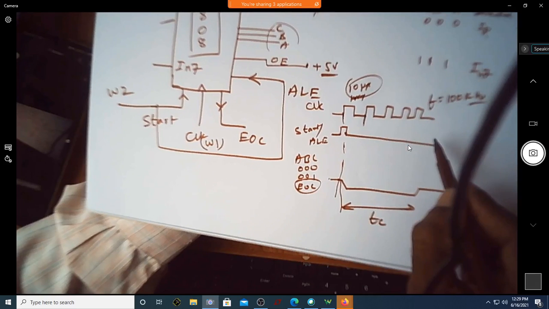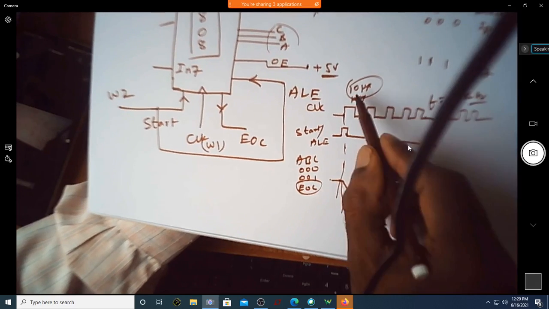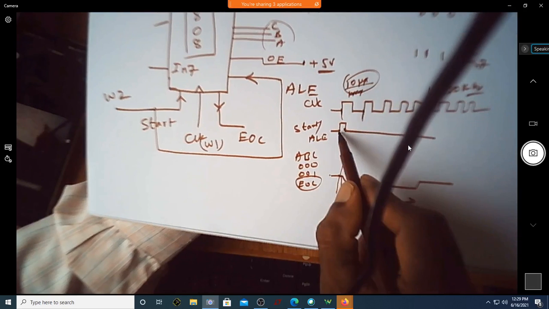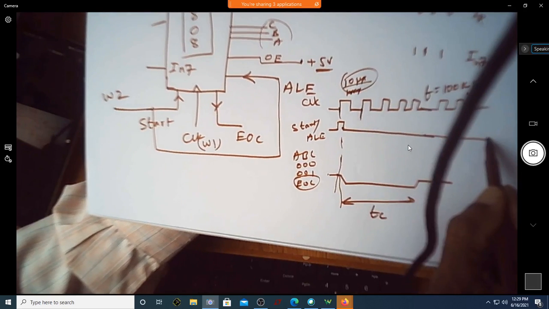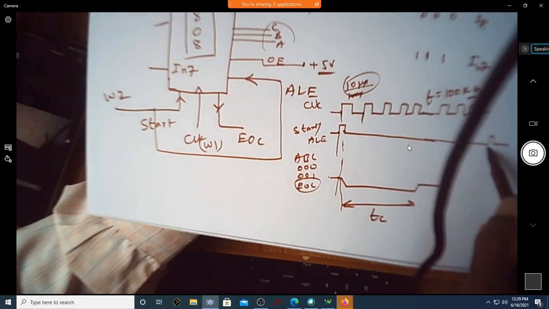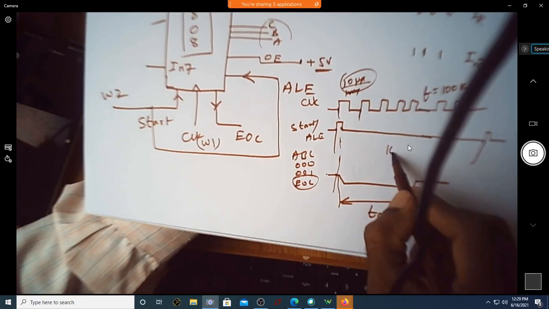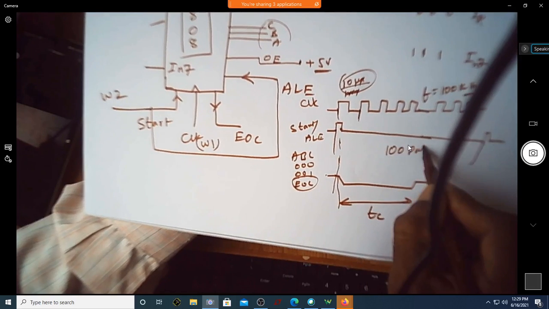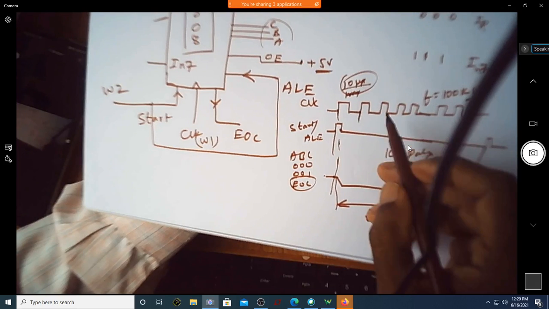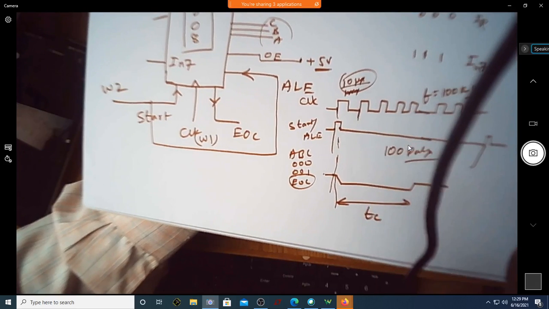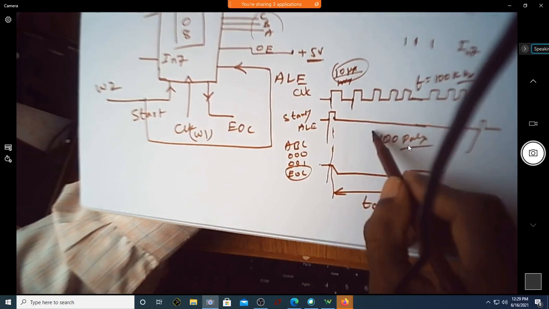Suppose after 100 clock cycles, I want to get the next pulse, what should be the frequency of this?